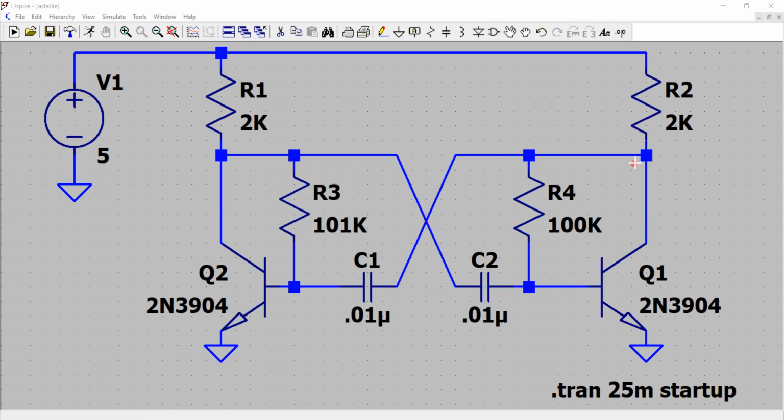The output at the collector of Q1 becomes an input to the base of Q2 through capacitor C1, and the output of Q2 becomes an input of the transistor Q1 through capacitor C2. Both capacitors have been chosen with equal values of 0.1 microfarad. The resistors R3 and R4 are approximately the same values, that is 101K and 100K.